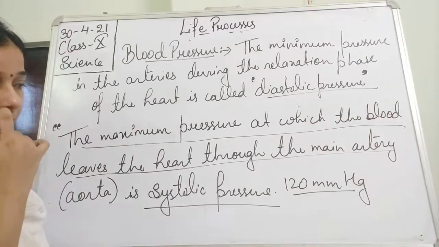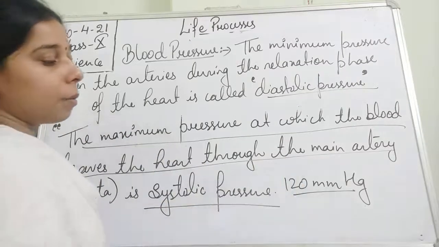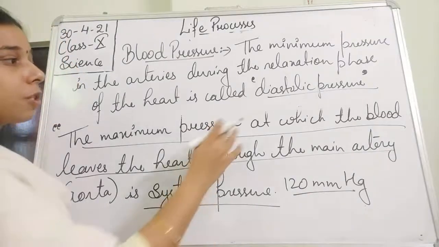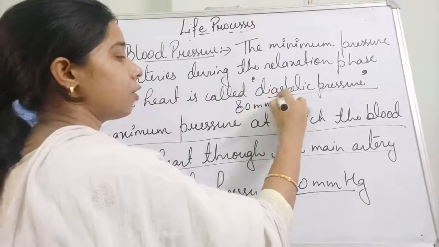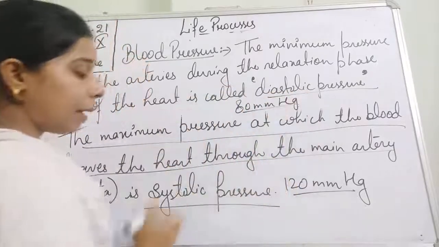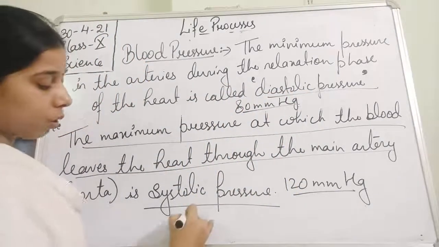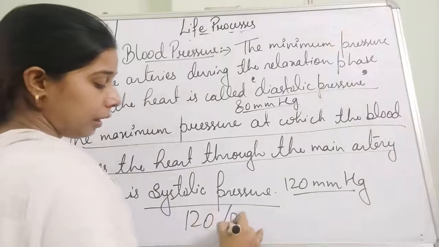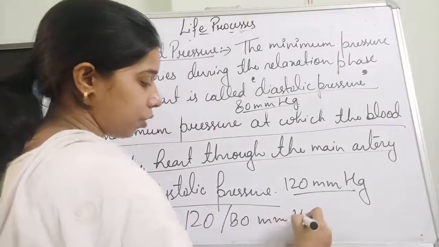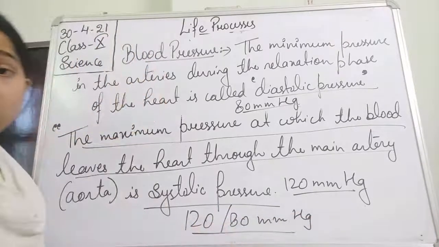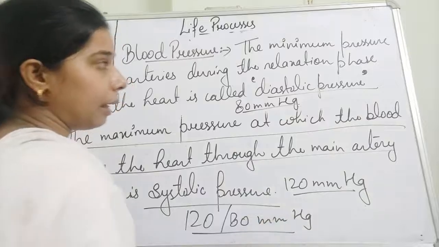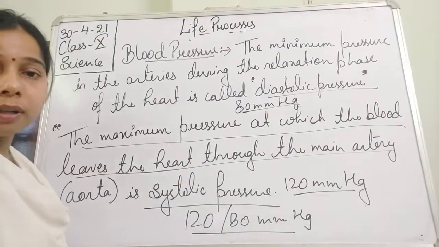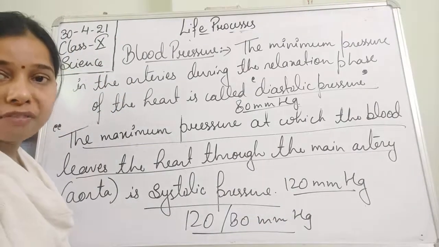That is why we write 120 mmHg, and the normal diastolic pressure will be 80 mmHg. So the normal blood pressure of a person is 120/80 mmHg, and it should be written as 120/80. Okay, this is the diastolic and systolic pressure of a person.